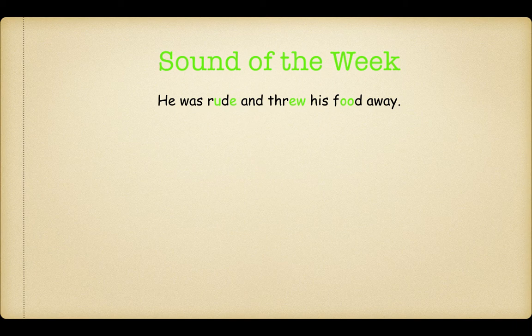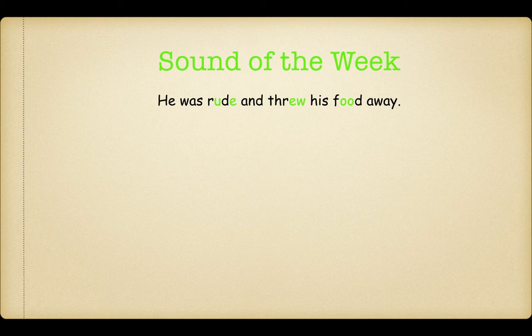He was rude and threw his food away. So we have the word rude, split digraph, threw with the grapheme ew at the end, and food with the grapheme oo in the middle of f and d.